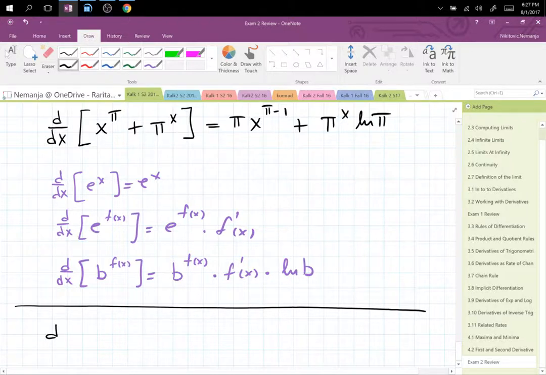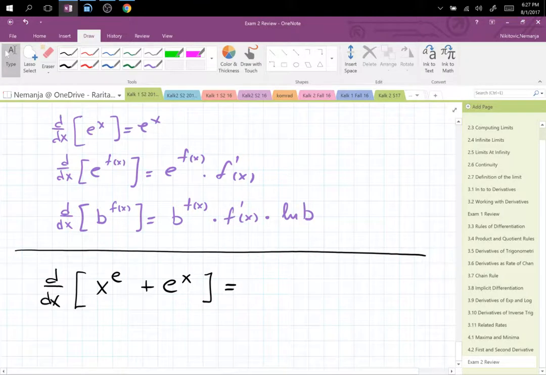The one that I wanted to ask you is technically the same thing, which is x to the e plus e to the x, right? I actually had this problem once on the exam, and almost everyone just copied as is. But x to the e, how do we deal with that term?